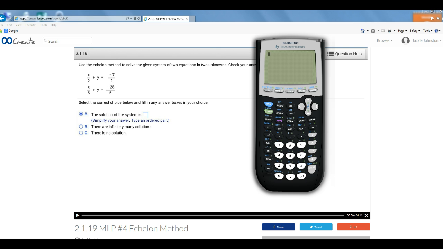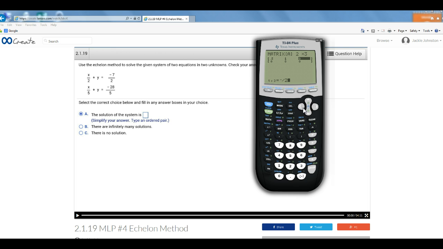Let's look at the same problem using a calculator. I'm going to put this in as an augmented matrix, and it would be a 2 by 3. I have 1/2, then 1, then negative 7 over 2.